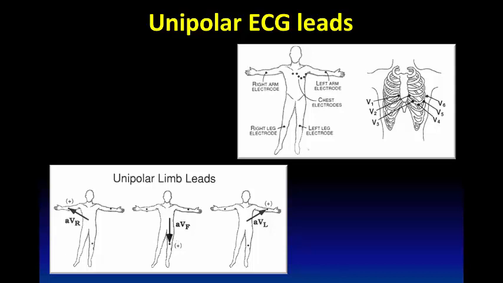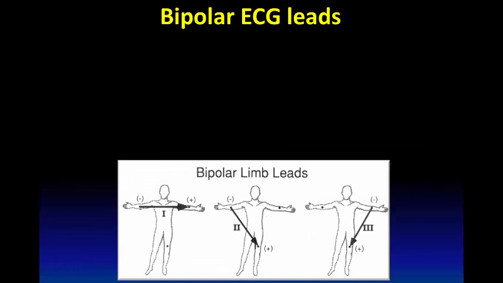So we have finished with the description of the 9 unipolar ECG leads, and there are 3 additional ECG leads which are bipolar ECG leads.